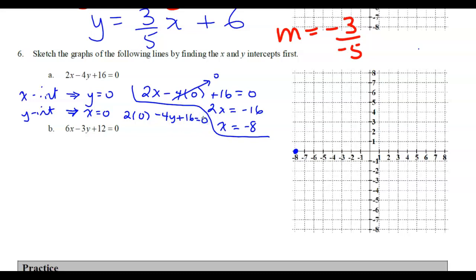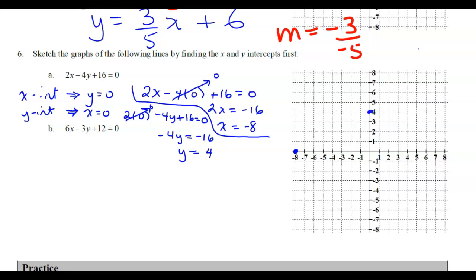It's like covering up the first term, so that goes to 0. So we have negative 4y equals negative 16. Divide by negative 4, you get y equals positive 4. So we can join those up with a line.